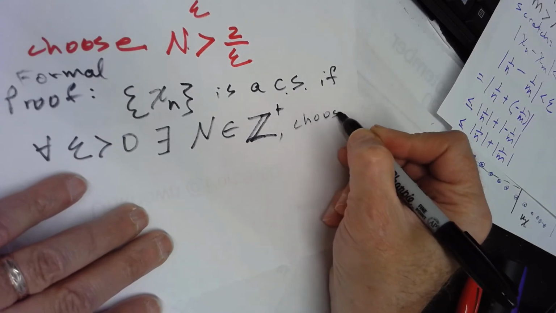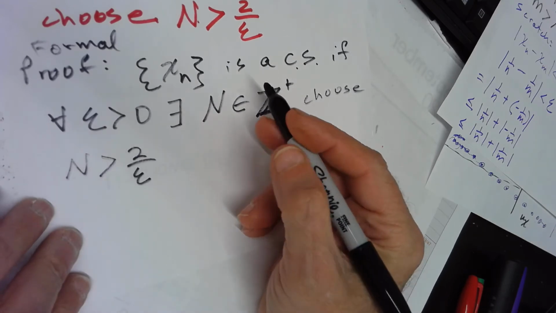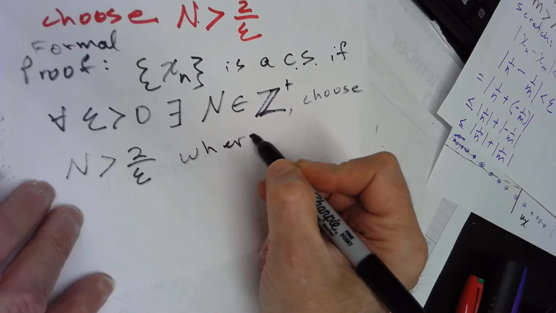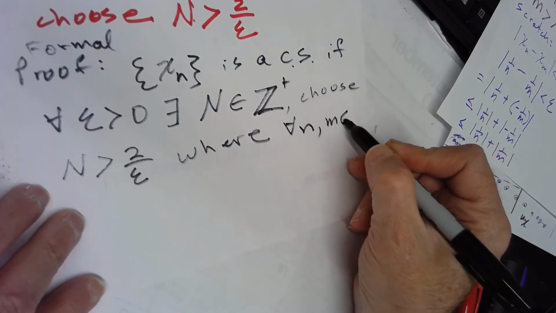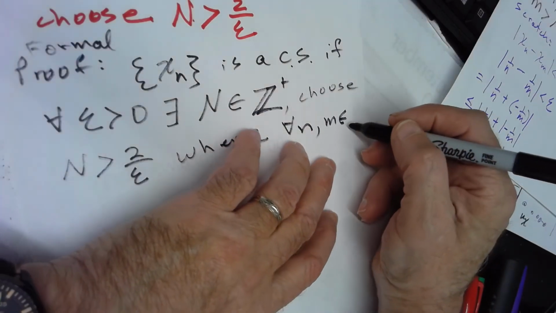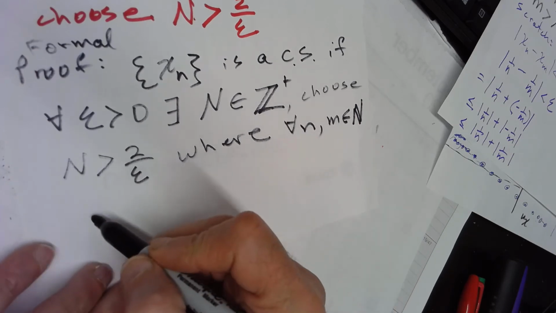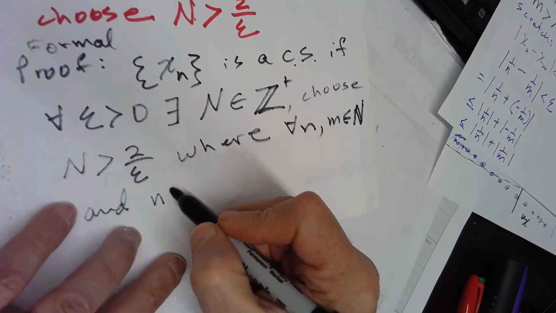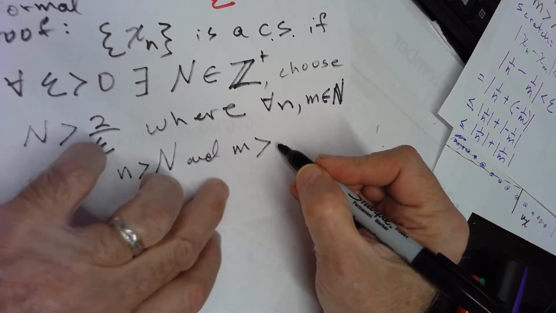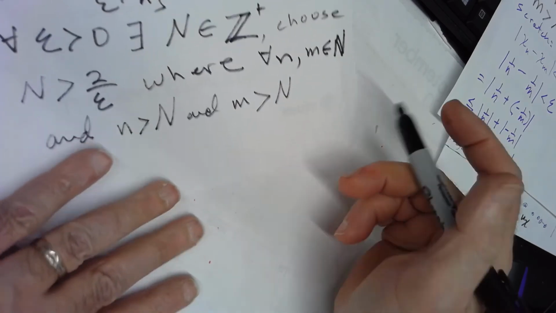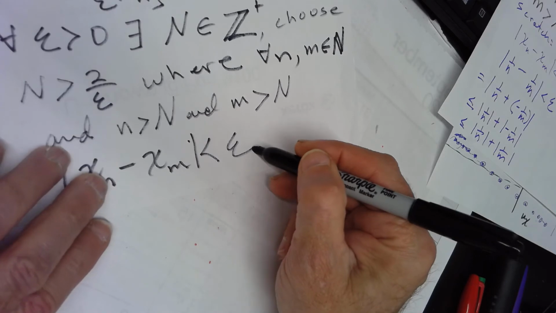We choose N to be greater than 2 over epsilon, okay, where all n and m are elements of the natural numbers, and our n is greater than our number N, and m is greater than our number N, for our absolute value of x sub n minus x sub m is less than epsilon.